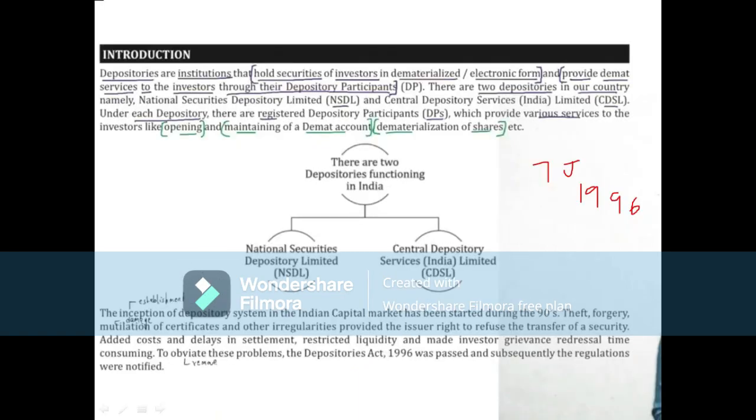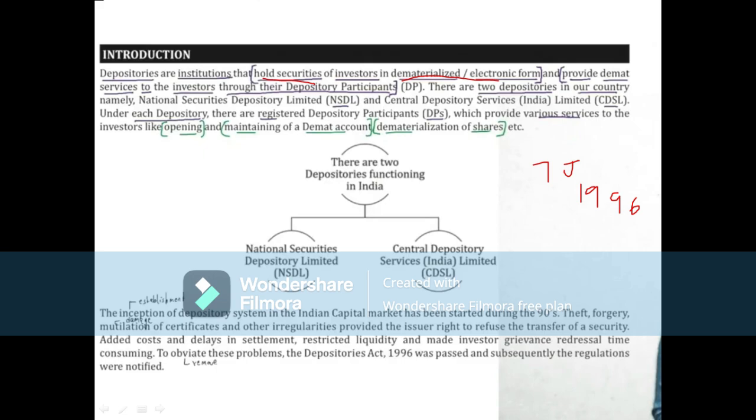If we see the introduction of depositories, depositories are institutions that hold securities of investors in dematerialized or electronic form. Till now we have studied only that.